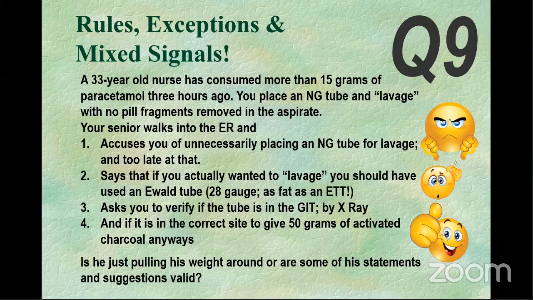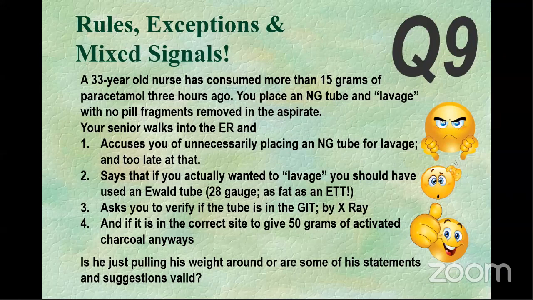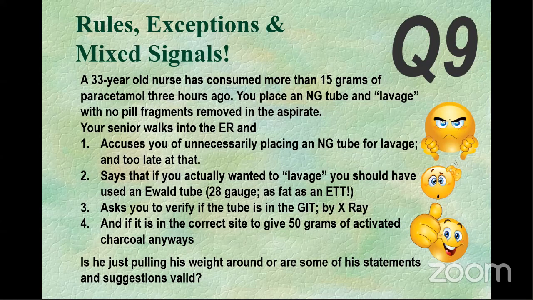A 33-year-old nurse has consumed more than 15 grams of paracetamol 3 hours ago. You place an NG tube and do a lavage. Listen to all of this and be very clear. Number one, is it a toxic dose of paracetamol? Absolutely. When was it taken? 3 hours ago. Then you place an NG tube and lavage, with no pill fragments removed in the aspirator.